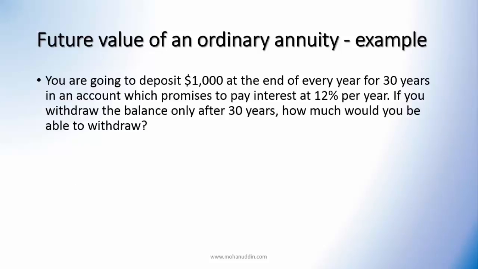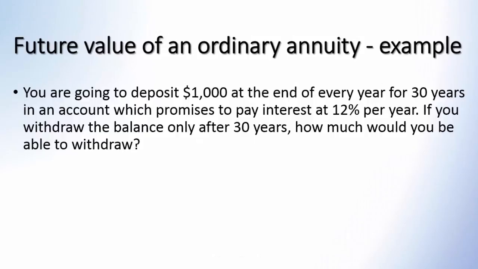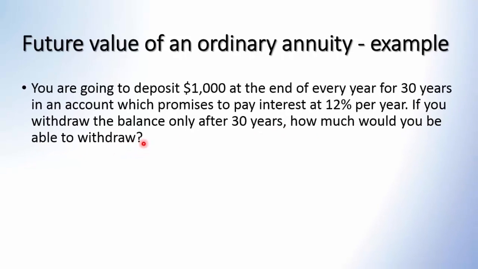Let us consider the situation where you are going to deposit $1,000 at the end of every year for 30 years in an account which promises to pay interest at 12% per year. If you withdraw the balance only after 30 years, that means before the end of 30 years you do not withdraw from the account, then how much would you be able to withdraw after the 30-year period?